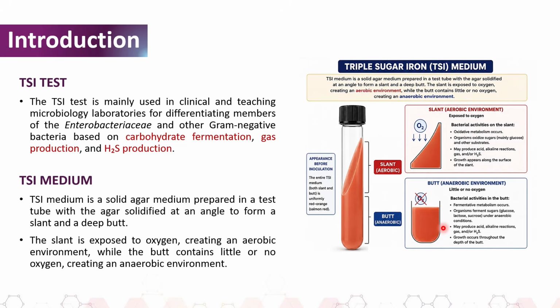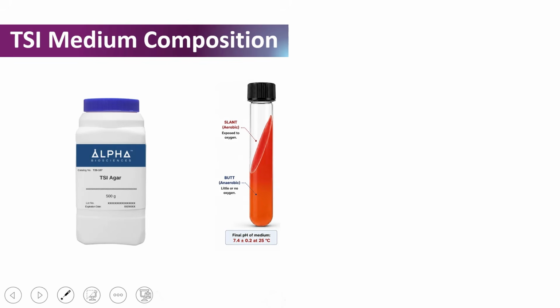Some bacteria here also produce gas, resulting in cracks or lifting of the agar, whilst others produce hydrogen sulfide, which reacts with iron salts to form a black precipitate. And because the butt is anaerobic, bacterial growth occurs throughout the depth of the medium.